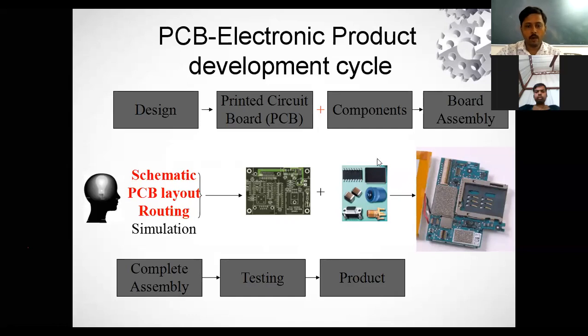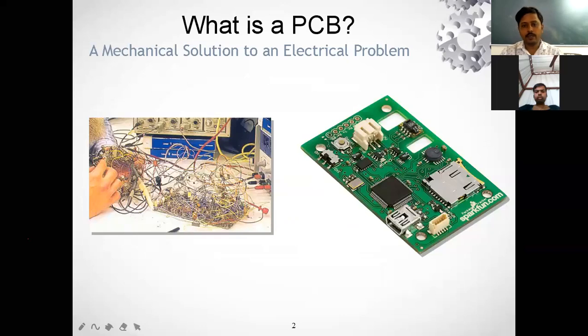Okay, what is a PCB? In one line, if you want to say what a PCB is, we can call it a mechanical solution to an electrical or electronic problem. Now, there is involvement of electrical also, involvement of electronics also.